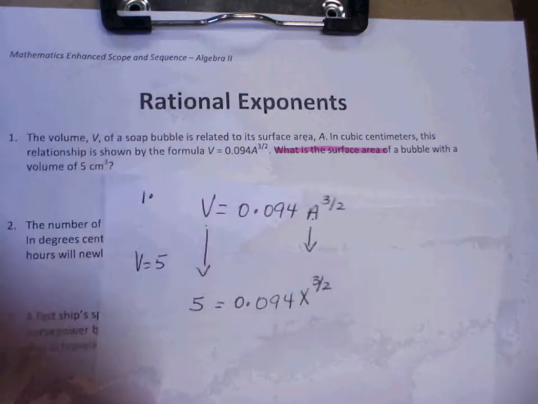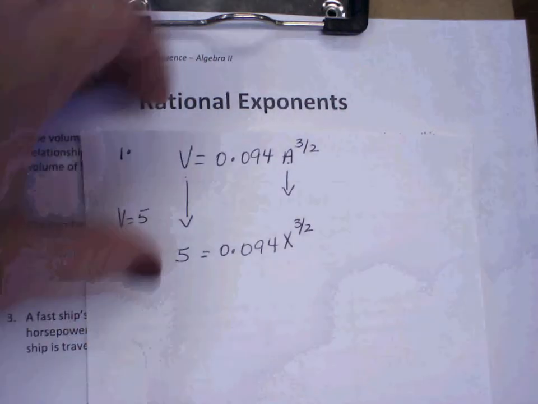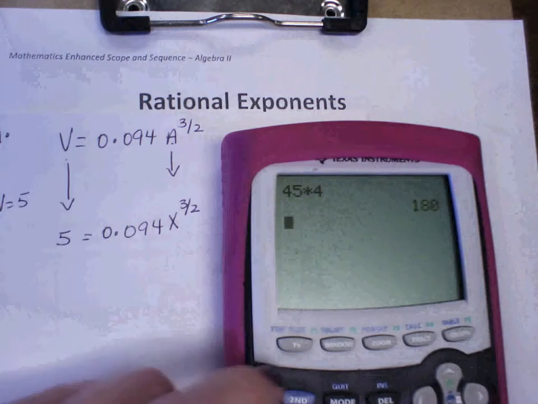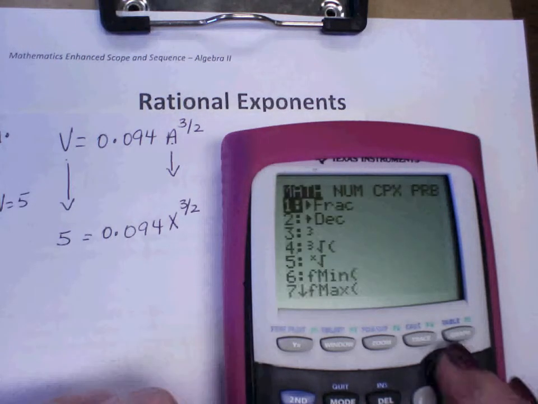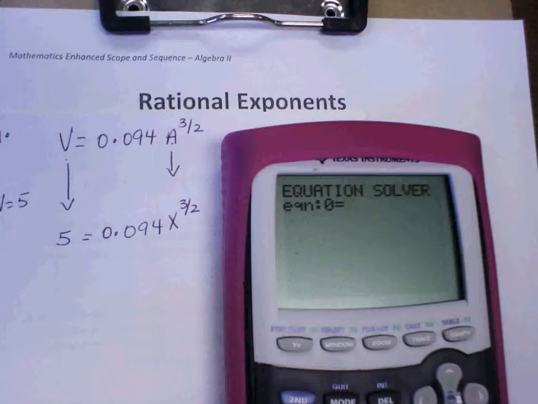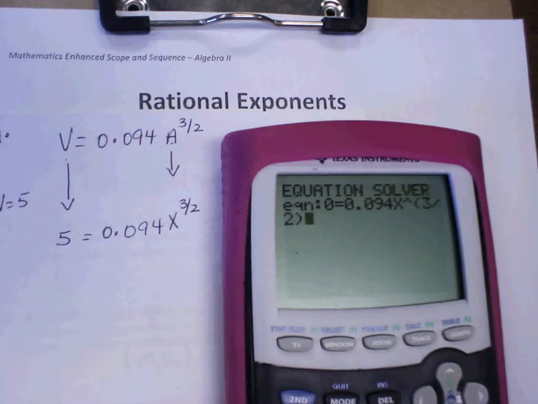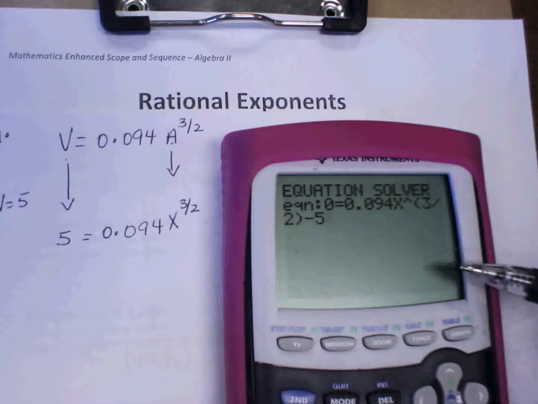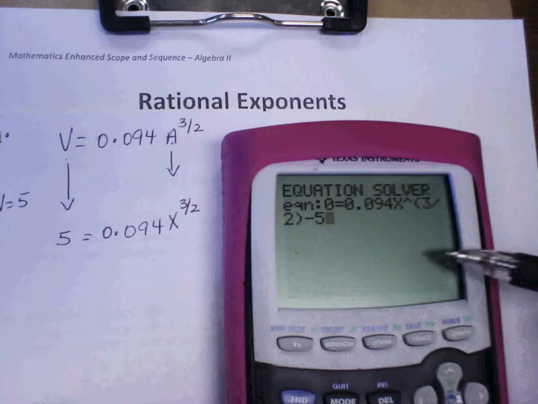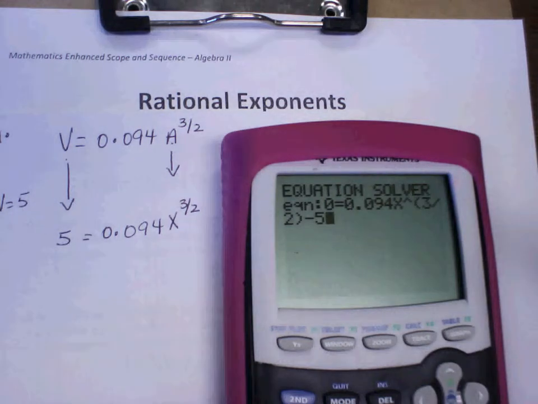All right, so what we're going to do is do it both ways. Let's go to the equation solver right now and then let's solve it traditionally. How would you write it on equation solver? 0.094, and then we put the x to the what power? 3 halves, minus 5.